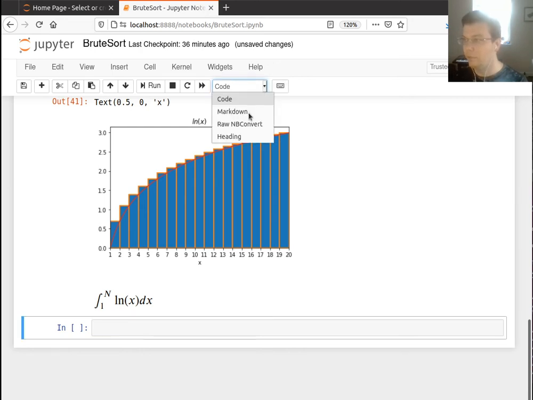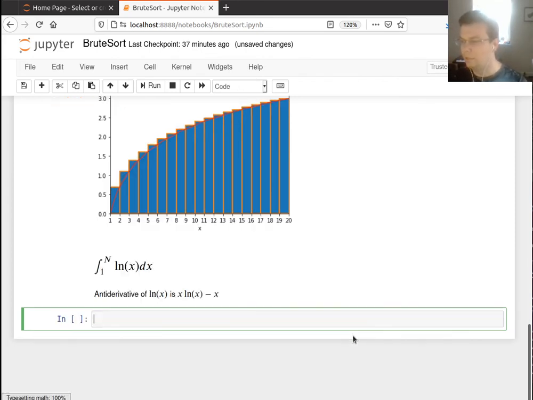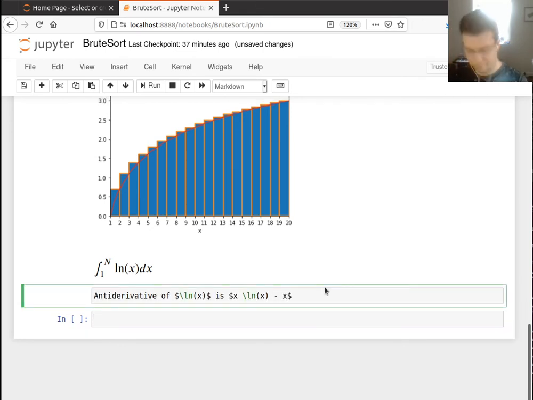The antiderivative of natural log of x is x natural log of x minus x. Let me just look at that and see if I believe that. Plus some constant, but here we'll make the constant 0.